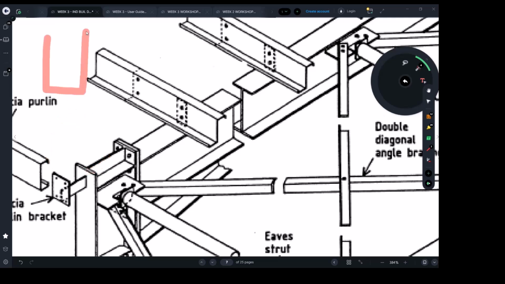These are called hollow sections: circular, rectangular, or square hollow sections. The ones we use for purlins are open sections. Why? Because if you have hollow sections, you cannot lap them. With the Z, you can place it on top of the other Z and lap it. Same thing with the C channel.